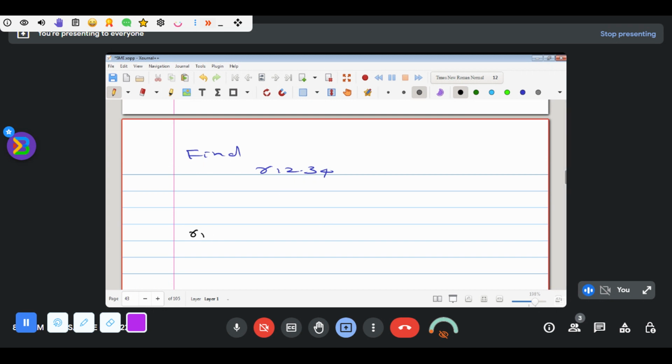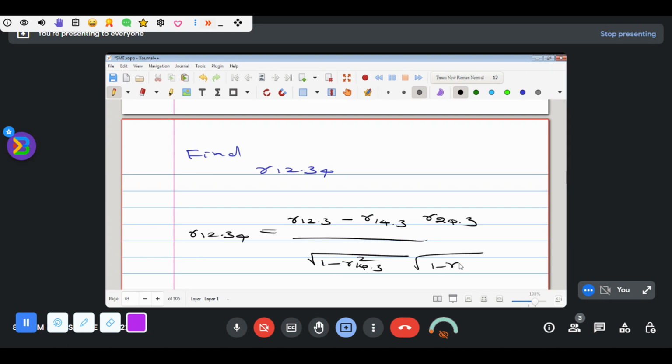Just write the formula: R12.34 equal to R12.3 minus R14.3 into R24.3, divided by root of 1 minus R14.3 squared into root of 1 minus R24.3 squared.